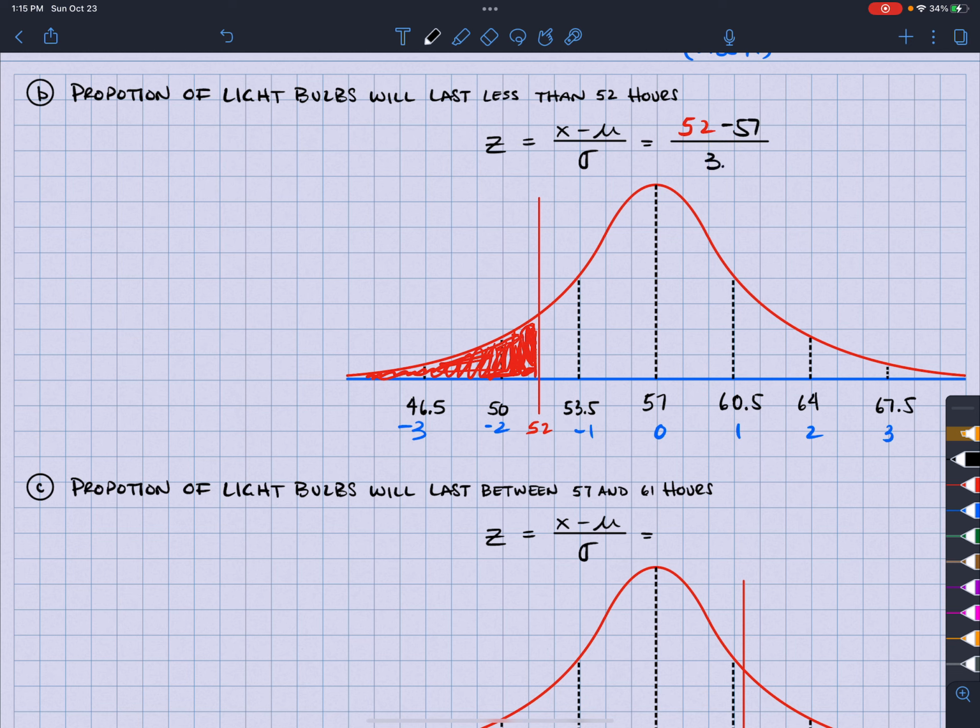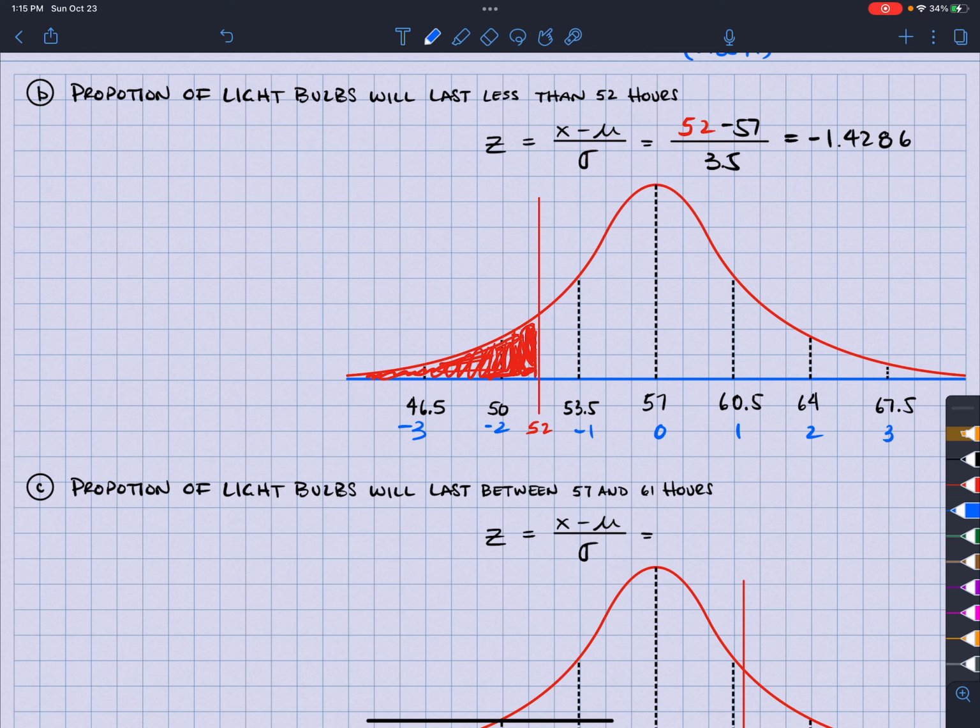My standard deviation was 3.5. Let's see what that gives me. So I said 52, and that's going to give me a negative 1.4286. Yep, there we go.